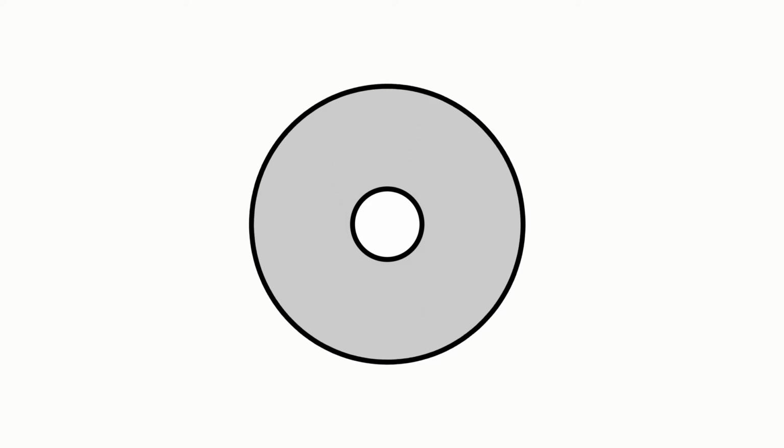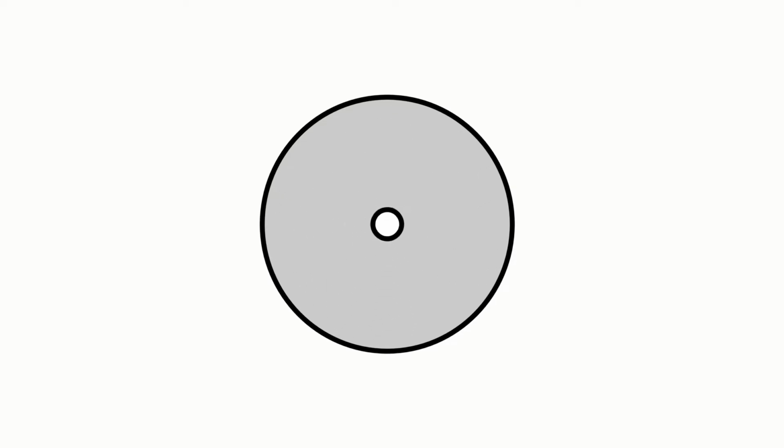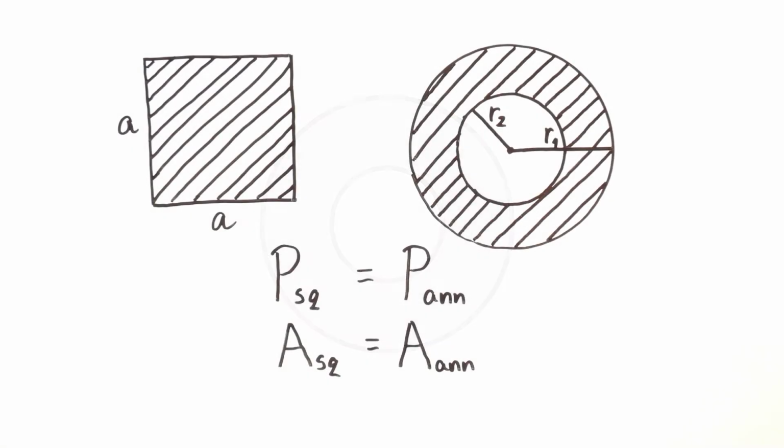That also means that if, for instance, we fix the inner radius, we can still change the outer radius. And vice versa. If we fix the outer radius, we can change the inner radius. That would be the case if we didn't have any condition.